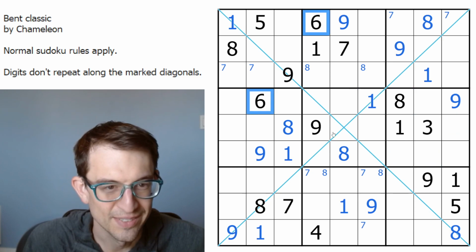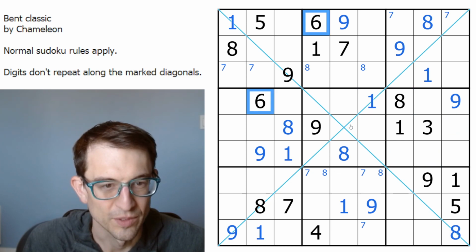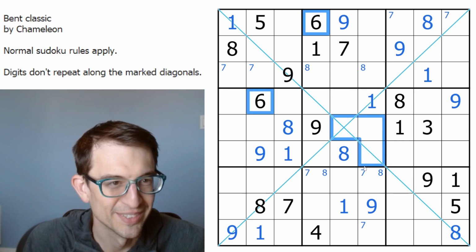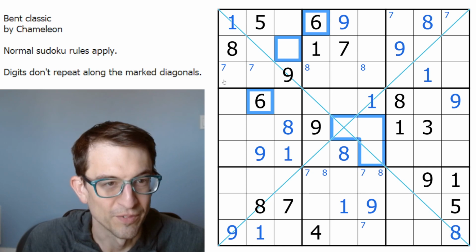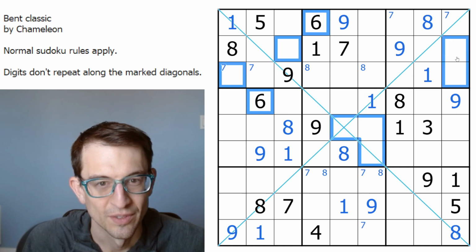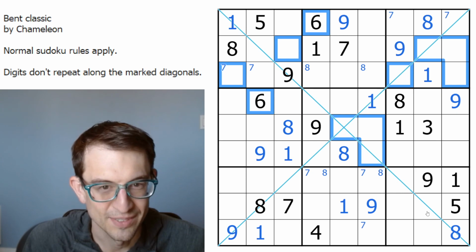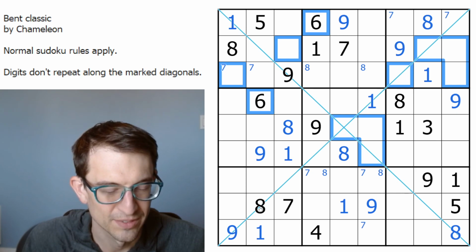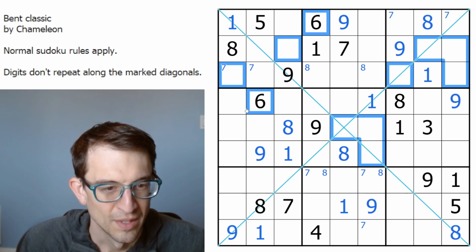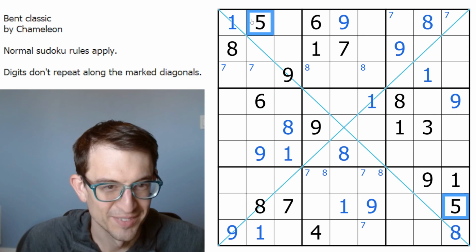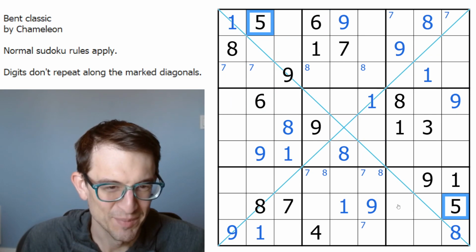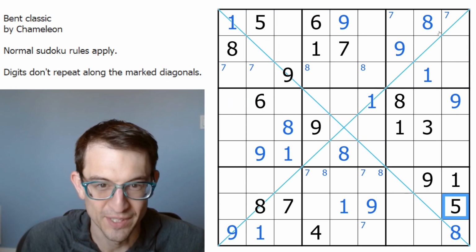I'll try 6s. So 6 is one of those, or one of those. Yeah, I'm not quite seeing what to do next. Let's try 5s. There aren't that many 5s in the puzzle. Oh, but actually, these two intersect nicely.